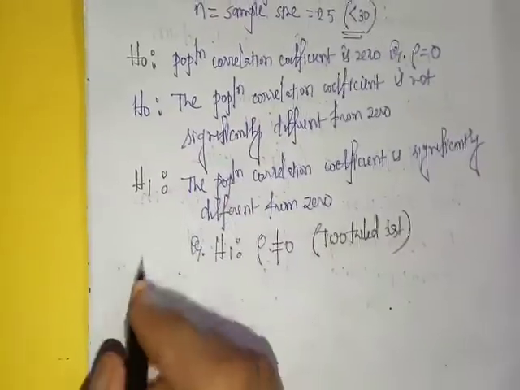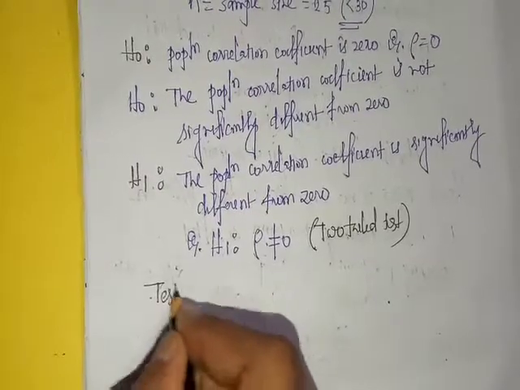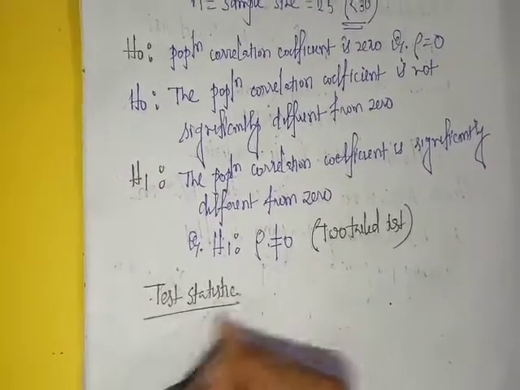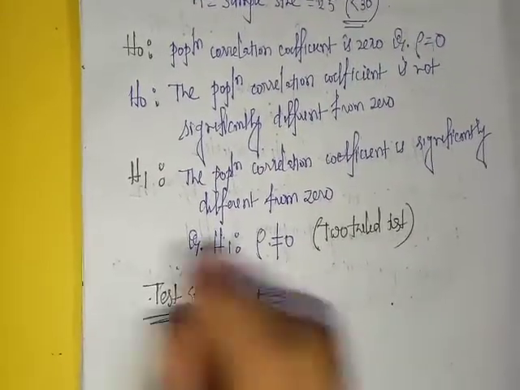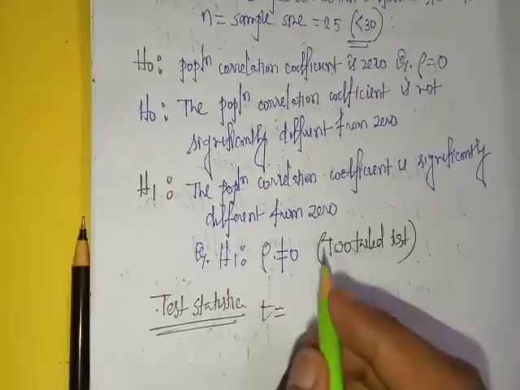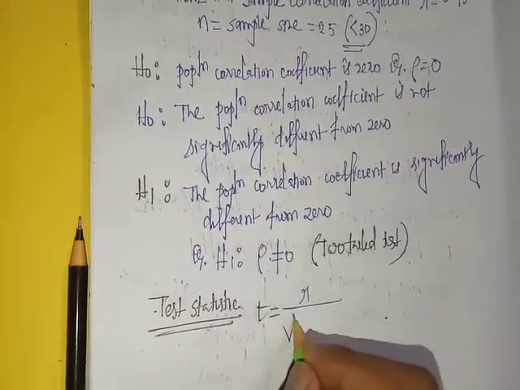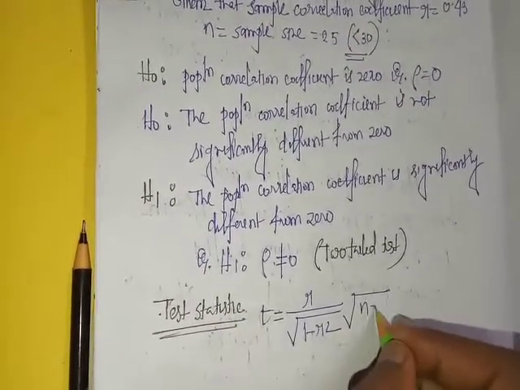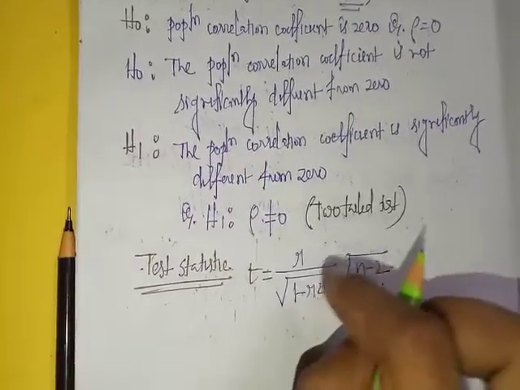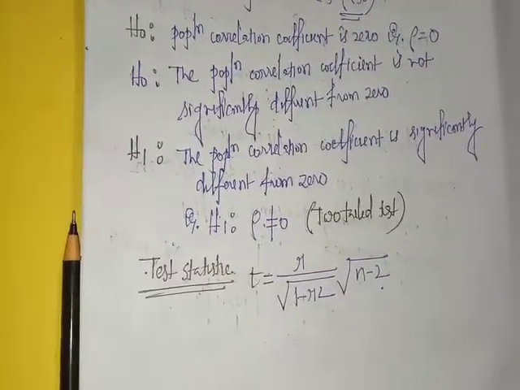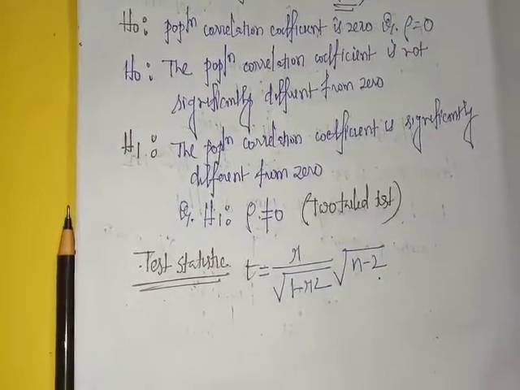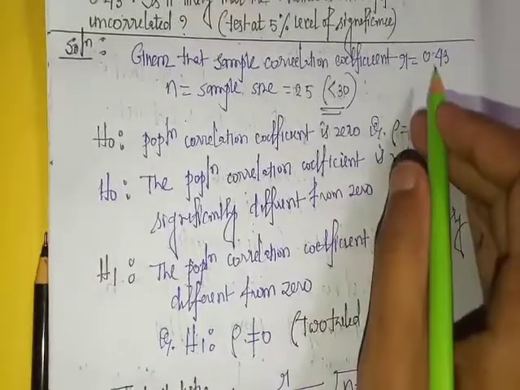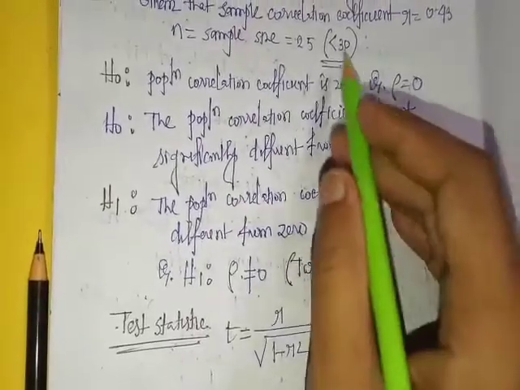Next, the test statistic. The formula of the test statistic is t equal to r by root over 1 minus r square, into root over n minus 2, where r is the sample correlation coefficient and n is the sample size. The value of r is 0.43 and n is 25.